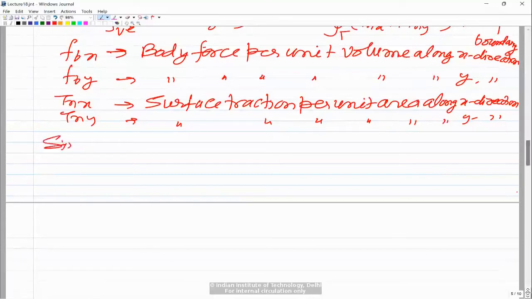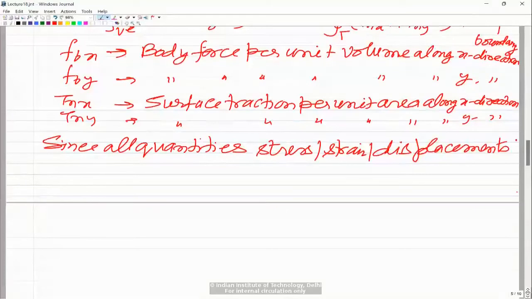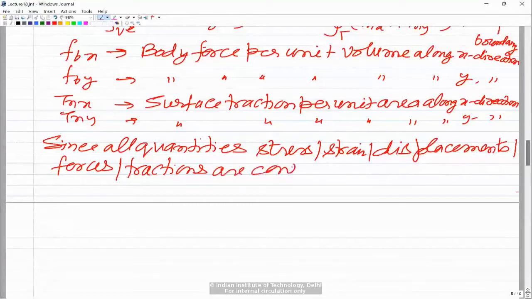So let me write that since all quantities, meaning stress, strain, displacements, and forces, body forces and surface forces, tractions, are constant for the plane stress or plane strain problem. These are assumed to be constant through the thickness.